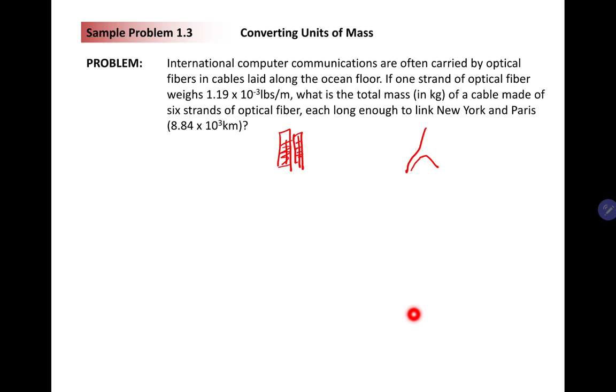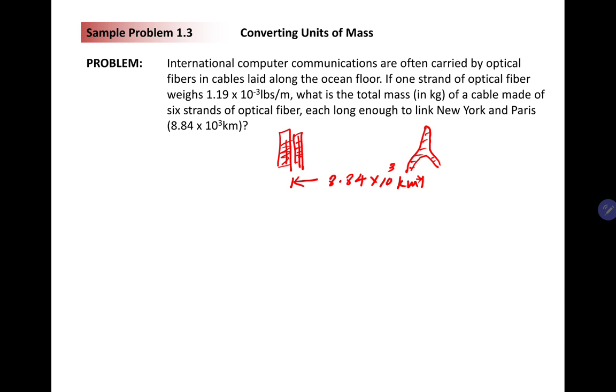Pardon my poor drawing habits, I'm just trying to make this calculation easy for you. If you are laying down cable, the first thing that you need is the distance between the two cities. Is it given? It should be given. It is 8.84 times 10 to the power 3 kilometers. That is given. Perfect. The length is given.